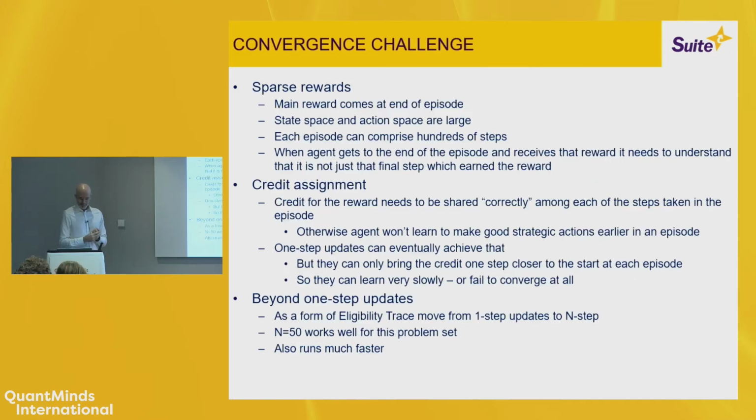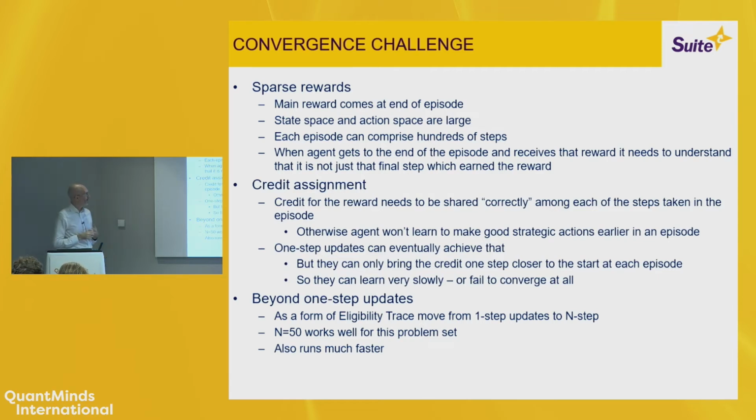So what's the problem? Well, the main problem is that the rewards are very sparse. The main reward comes at the end of the episode. The state space and the action space are both pretty large. An episode can comprise hundreds of steps. And when the agent gets to the end of the episode and receives its bonus, it needs to somehow understand that that bonus belongs not just to that last action, but to the whole series of actions that took it there.